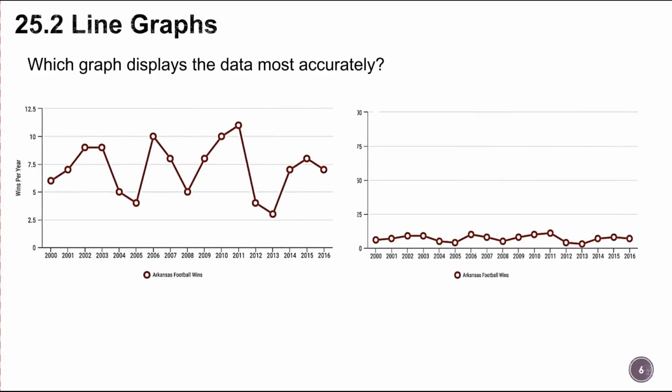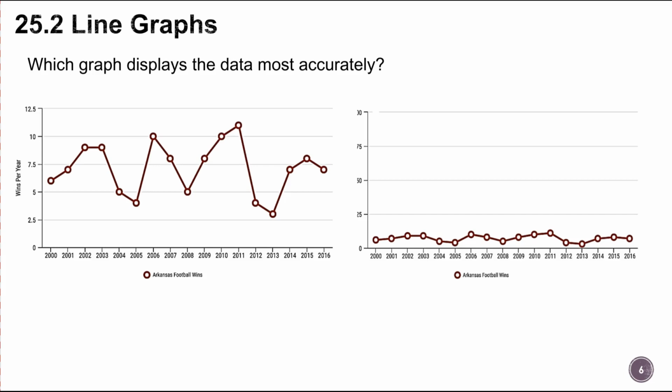Now let's look at this next one. Which graph displays the data most accurately? This is Arkansas football wins from the year 2000 to 2016. On the left is wins per year, and we go all the way up to maybe about 11, because it's between 10 and 12.5.